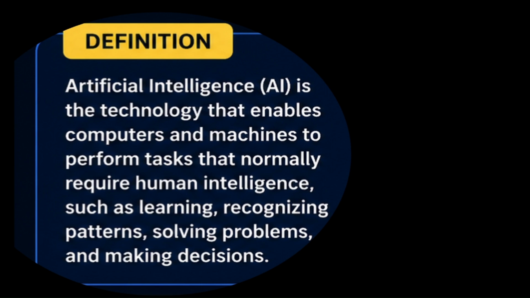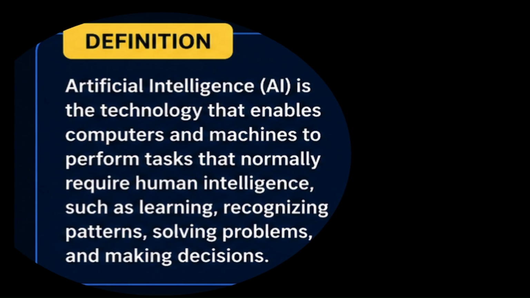AI is a technology that enables computers and machines to perform tasks that normally require human intelligence, and these tasks can include learning, identifying patterns, solving problems, understanding information and making decisions.